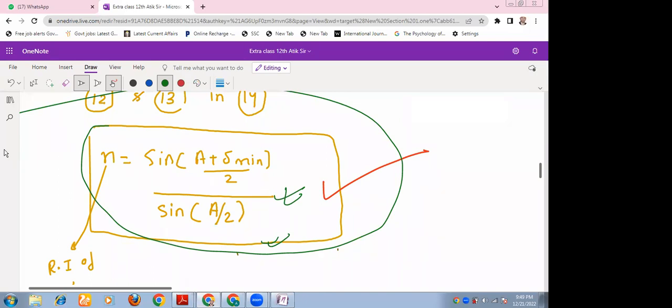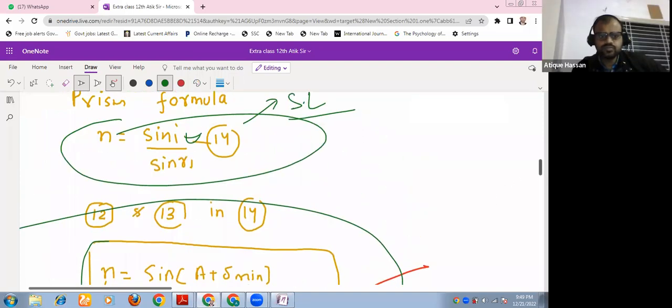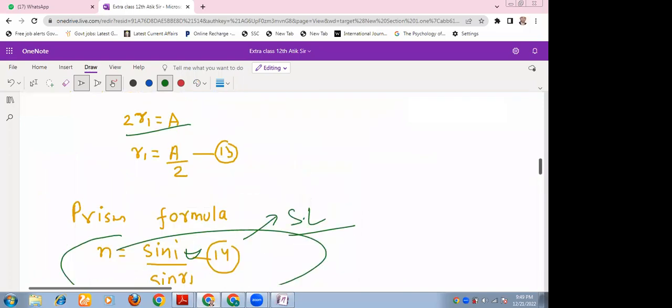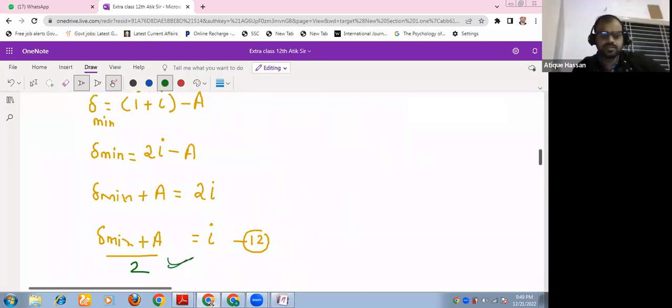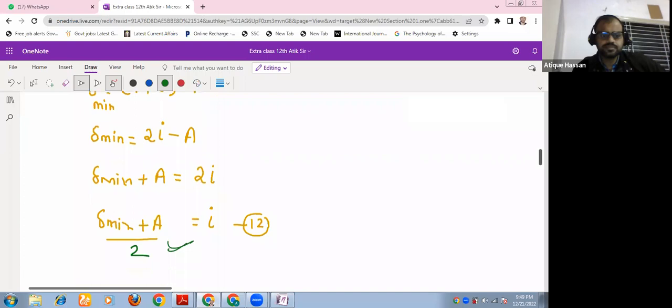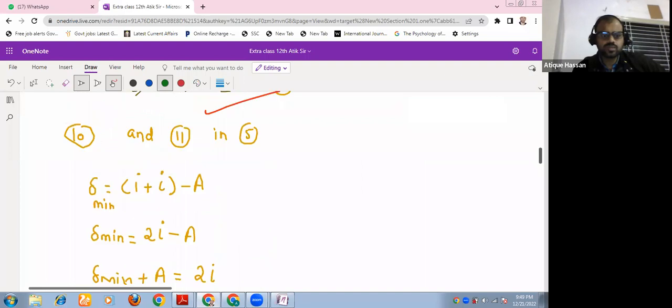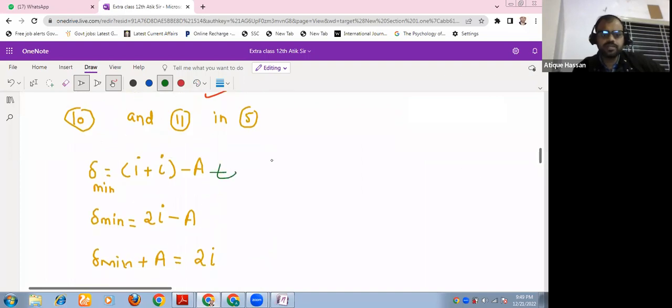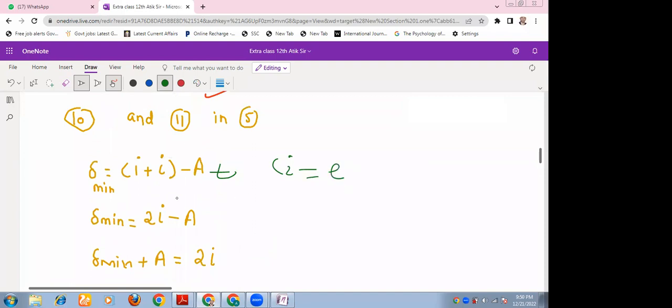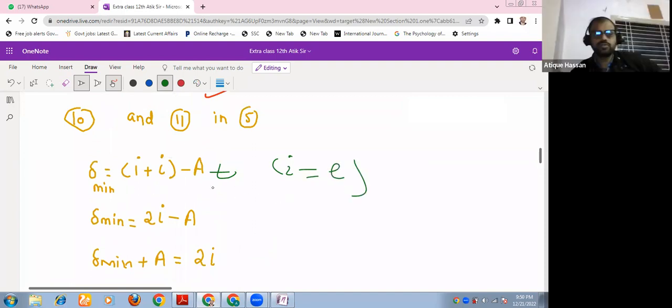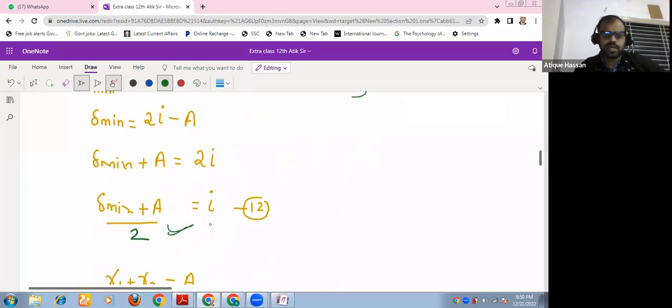So can you see how you got A plus delta minimum by 2? We know the delta minimum. For delta minimum, I is equal to E, right? Yes, this you understood. And we put the formula E equal to I, so we got this. And from here, we got I. I is A plus delta minimum by 2.